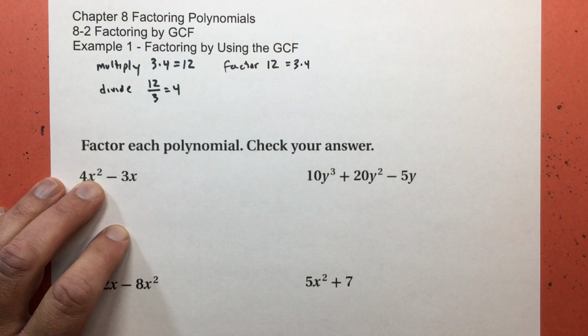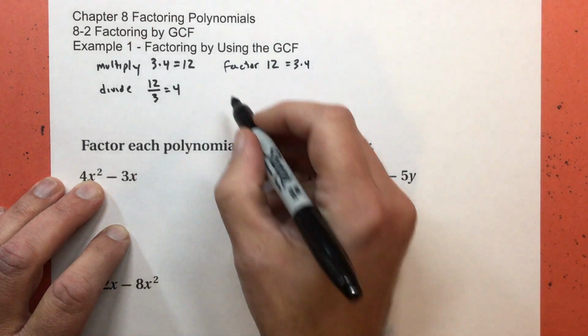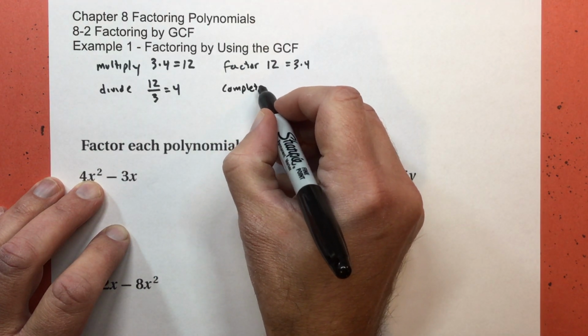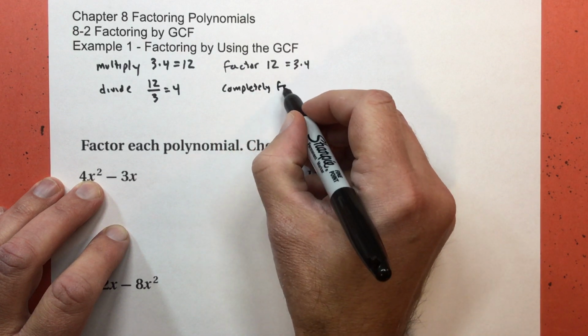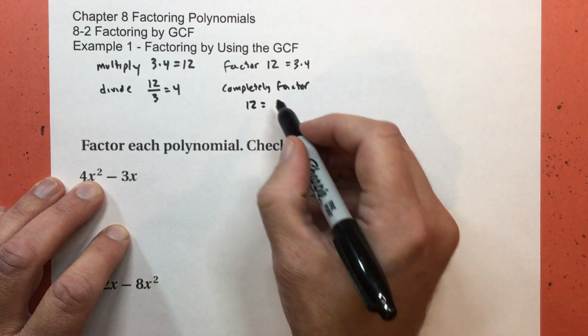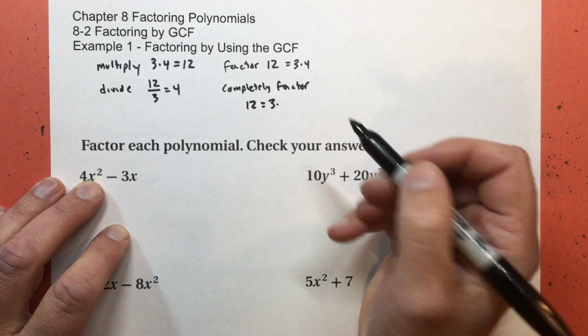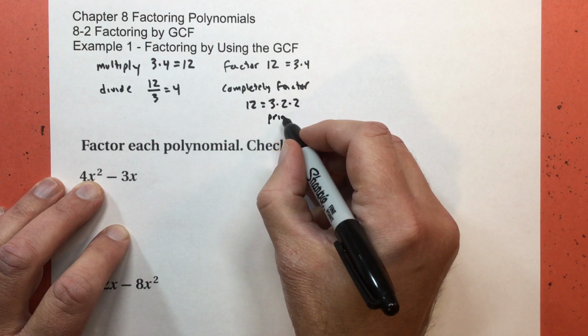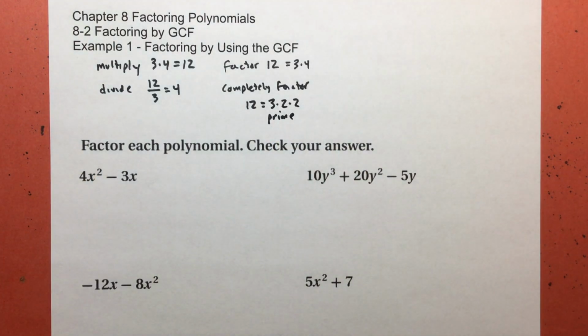And actually, if I threw in another word and said, I want you to completely factor 12, then it would be 3, but 4 would be 2 times 2, because these would be prime numbers, which means they cannot be factored any further. All right, now that's like the arithmetic part of it.